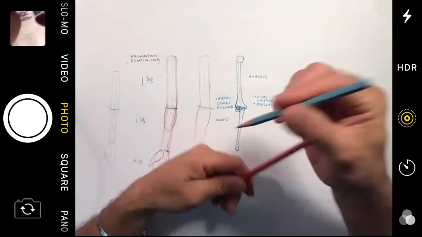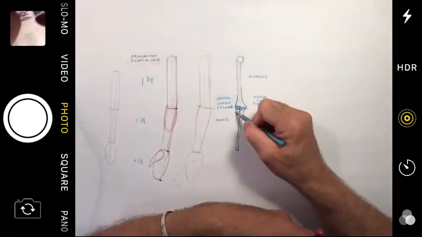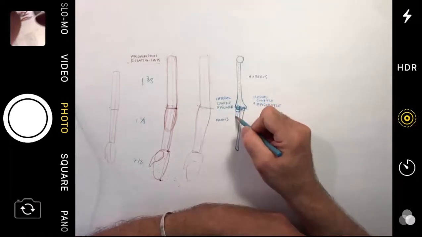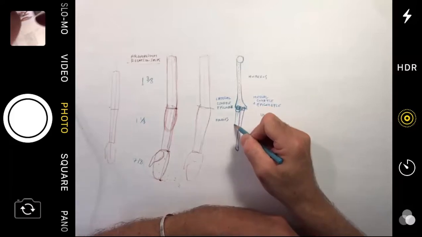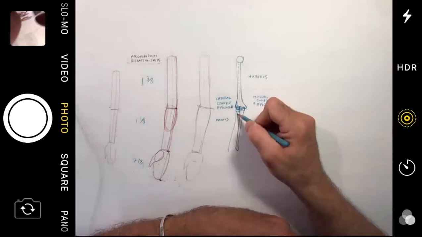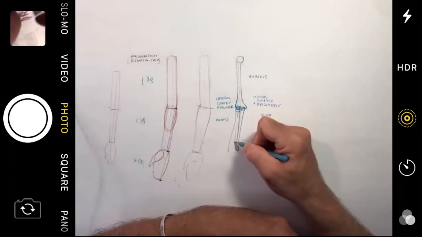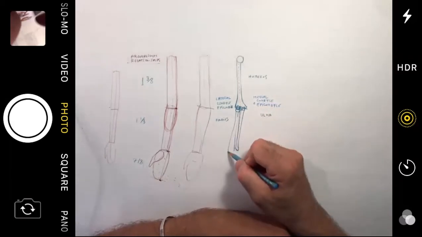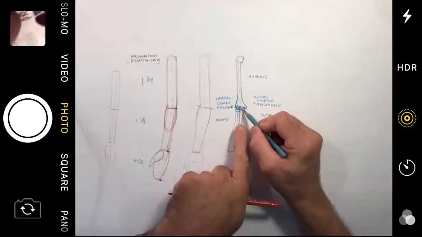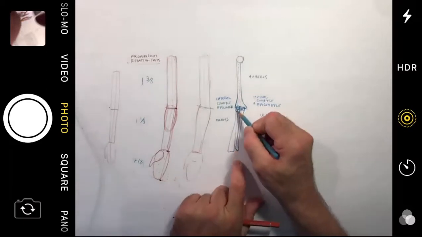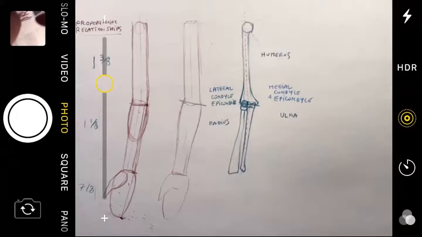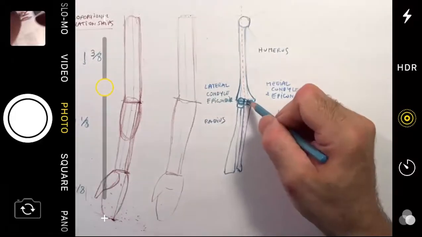So let's see now. Let's put in the radius, right? So the radius will start thin, right? And then widens up, and ends thick. But also another thing, so thick, thin is the ulna, thin, thick is the radius, but also the two bones, this one starts higher.